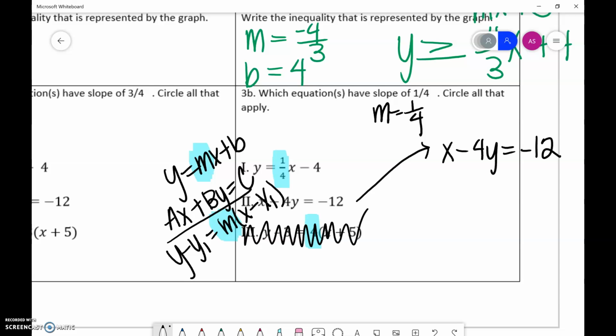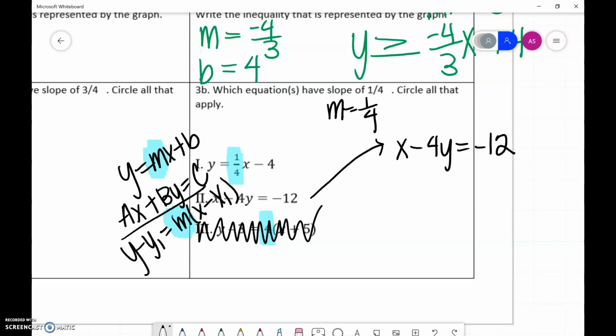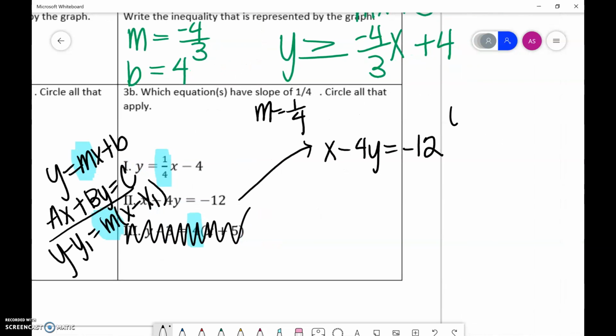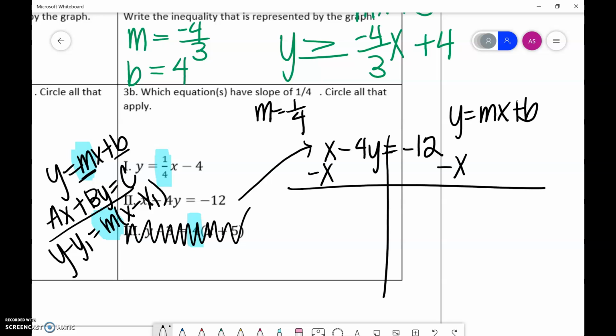And I'm going to go ahead and solve for y because my goal is to get this into slope-intercept form. So then I can identify my slope and my y-intercept, which I just need my slope for this problem. So you may need to draw that line if you need to. I'm going to subtract x from both sides. It's going to cancel out here.